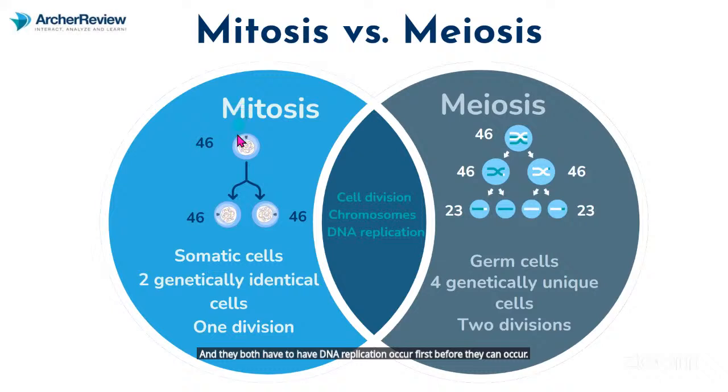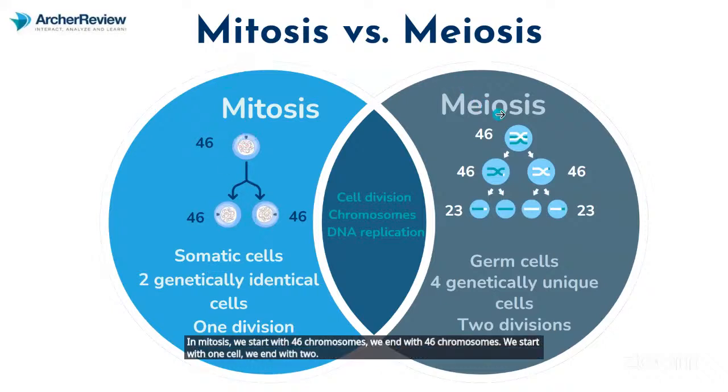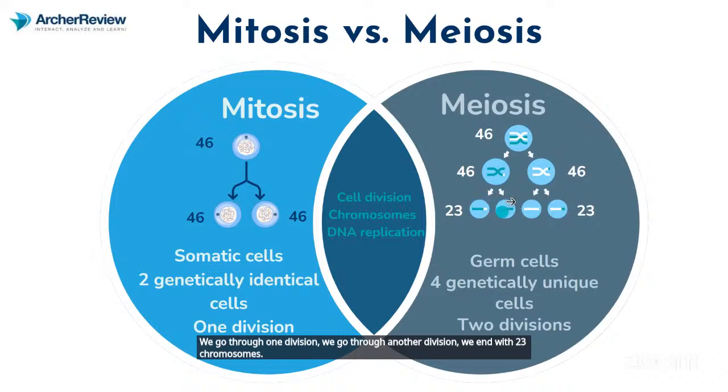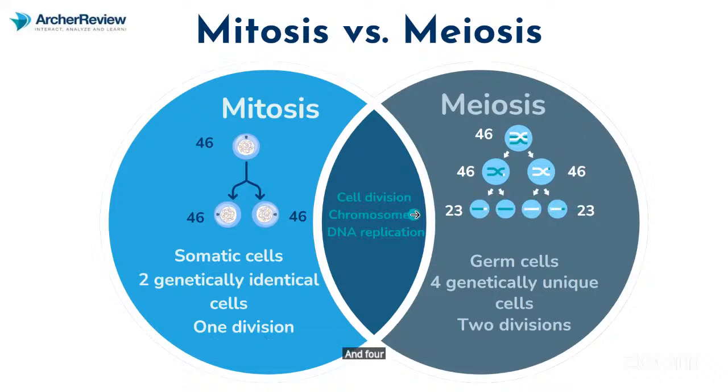In mitosis, we start with 46 chromosomes, we end with 46 chromosomes. We start with 1 cell, we end with 2. In meiosis, we start with 46 chromosomes, we go through 1 division, we go through another division, we end with 23 chromosomes and 4 genetically unique cells.